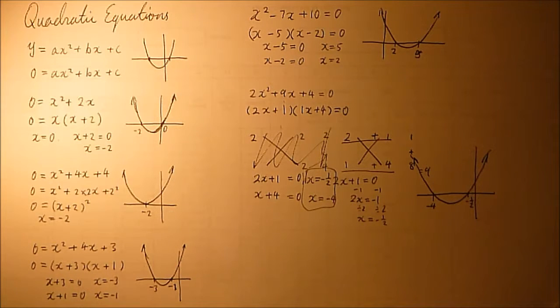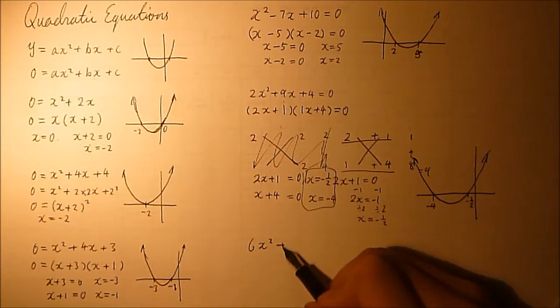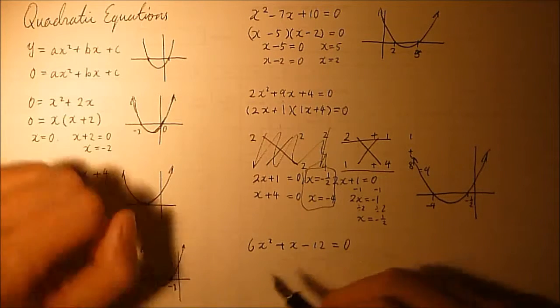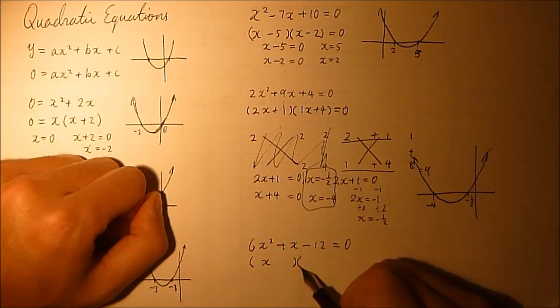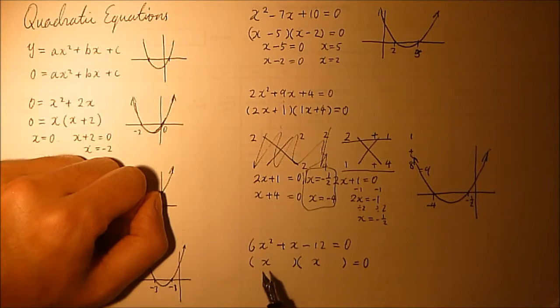Next example, let's have something slightly more complicated: 6x squared plus x minus 12 equals 0. So once again, we're looking for something with x, something else, and something else with x, and something else.